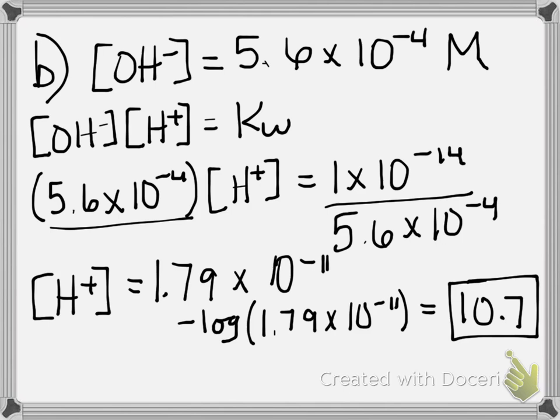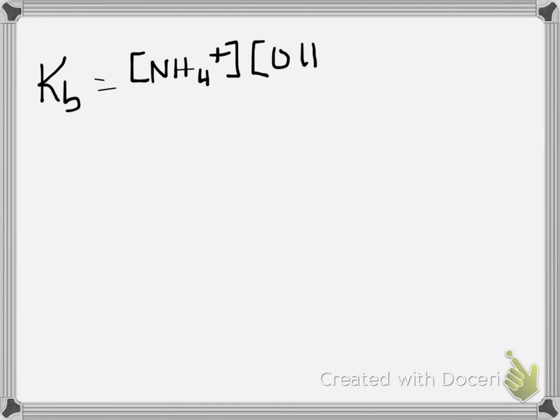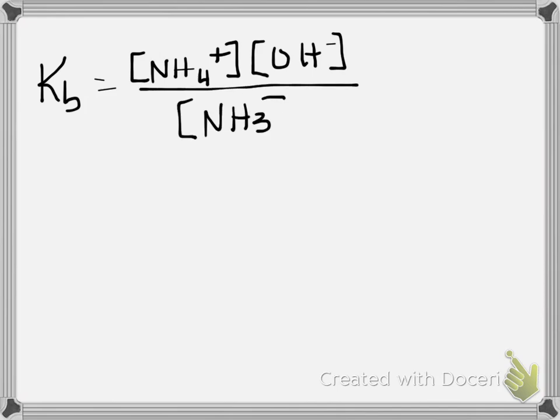constant for ammonia. So in order to do this, if we think back to our K expression, Kb was the NH4 plus, the OH minus, over the NH3.